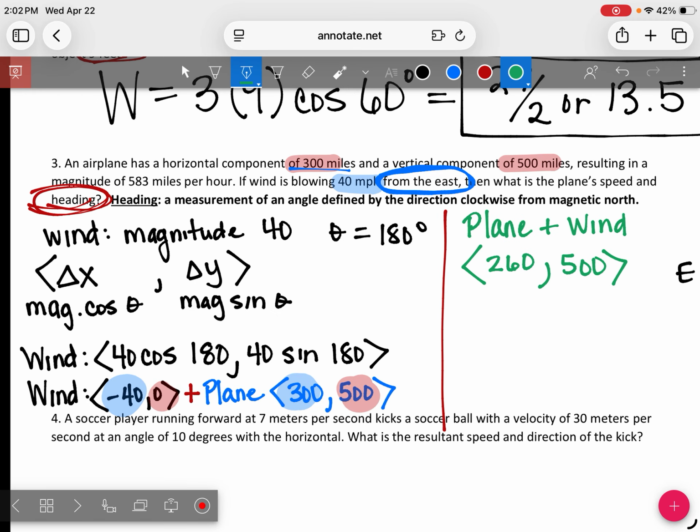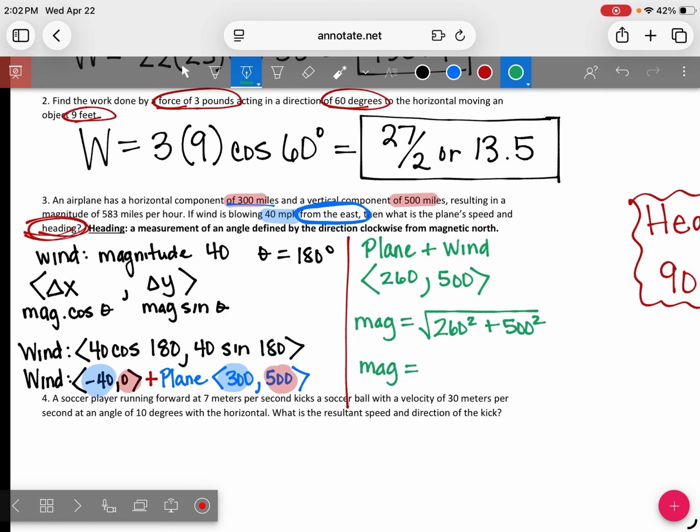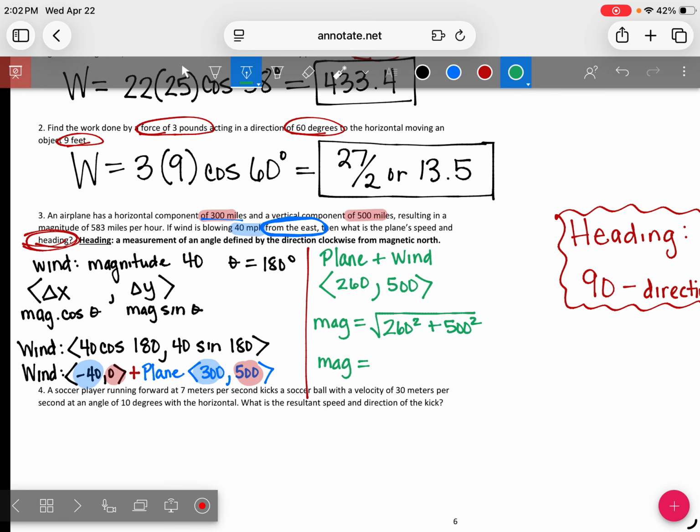Okay, now you're going to use that and find the speed or the magnitude of the plane plus the wind. So the magnitude of the plane is going to be 260 squared plus 500 squared. Go ahead and see what you get. And your direction is the inverse tangent of y over x.